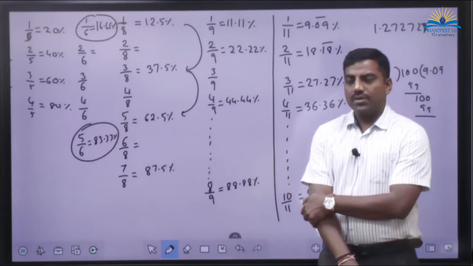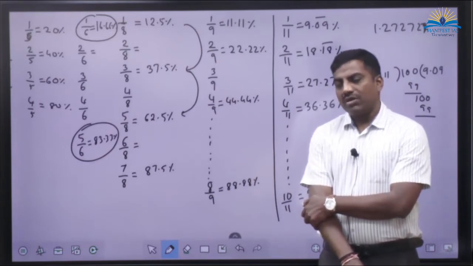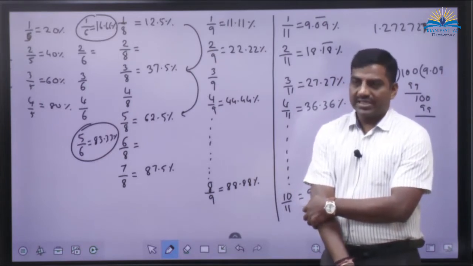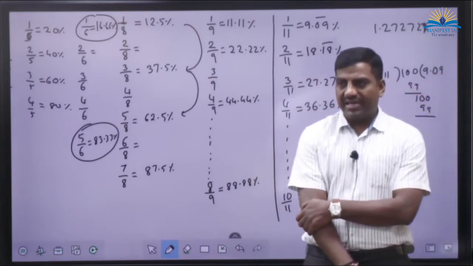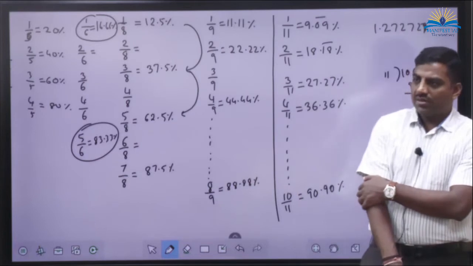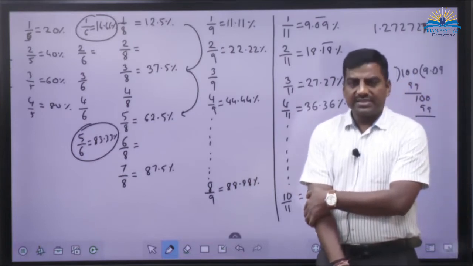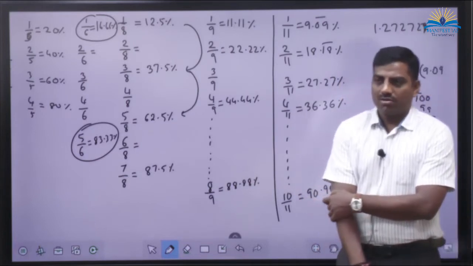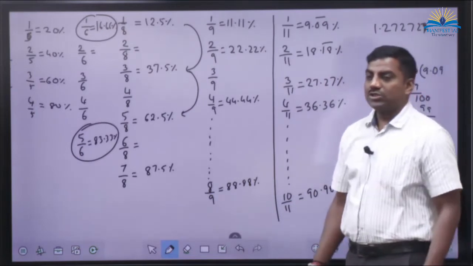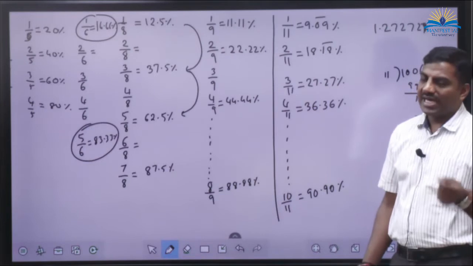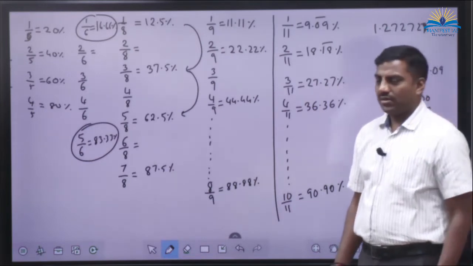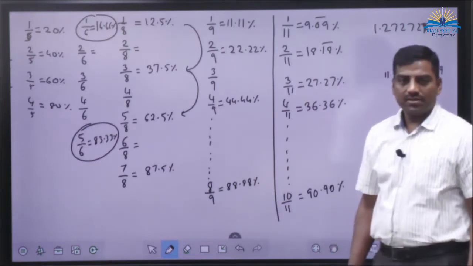So basically 1 by 6, then 5 by 6, 1 by 8, 3 by 8, 5 by 8 and 7 by 8. If you remember them, then most of the things you would remember. Okay, done. So don't spend too much time physically calculating the percentage. Directly mark that one.